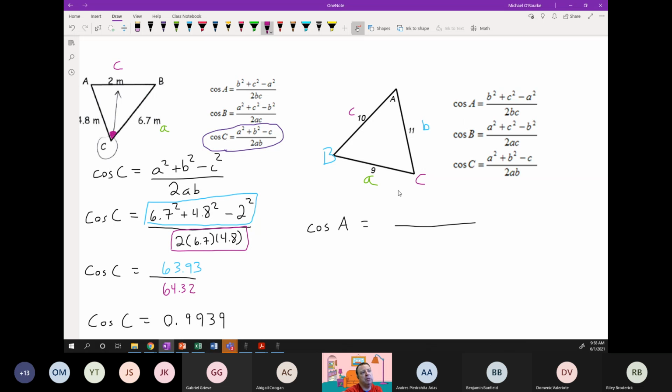The numbers may be switched around when I write them down here. As long as they're 10 and 11 in the spots, that's fine: 10 squared plus 11 squared.